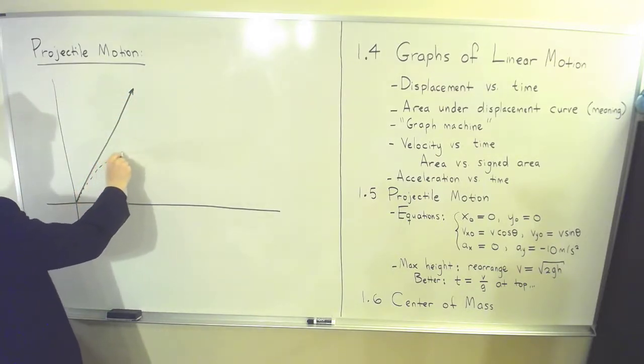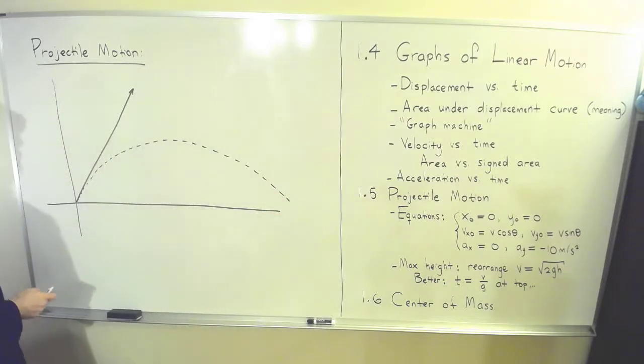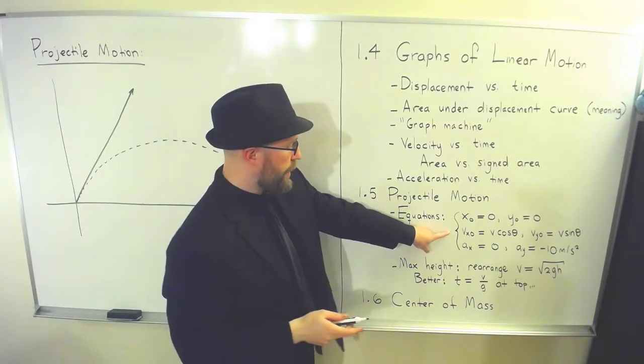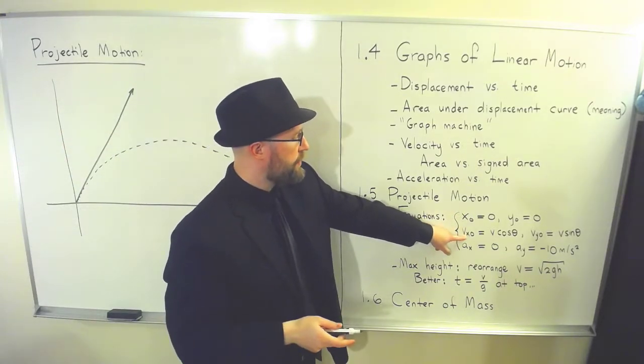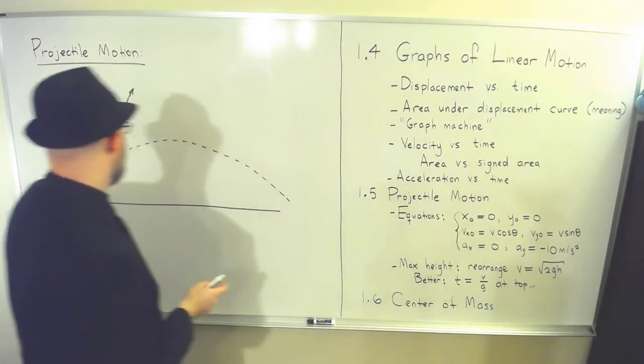It's going to eventually be pulled down by gravity. But I'm trying to explain these middle equations here, the initial x component of the velocity, the initial y component of the velocity.